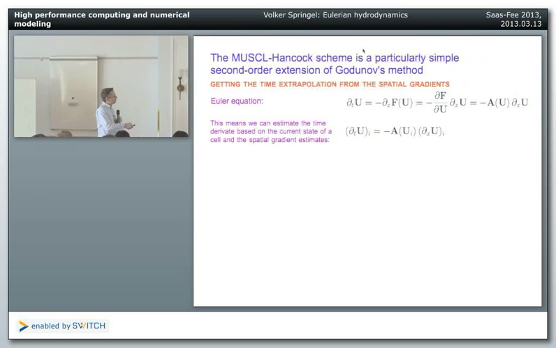To get the time derivative, we take the Jacobian and just multiply it with the derivative of the state with respect to x, which we actually have, because that's our gradient estimate, right? So with this formula, we can now use our gradient estimate and make out of it also an estimate for the time evolution. All we need is also the matrix, the Jacobian evaluated with the current state.